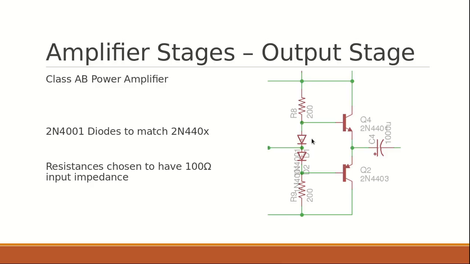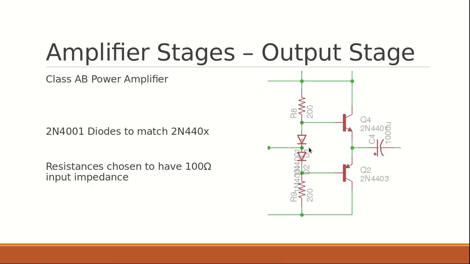And so these two diodes are required because without them there is a crossover distortion of the two transistors, and so these diodes are chosen to match the diode drop of the transistor. So there's the diode drop at the arrow, and then the diode drop of the diode I put there.